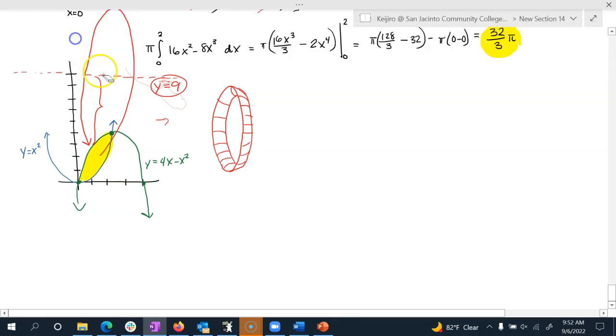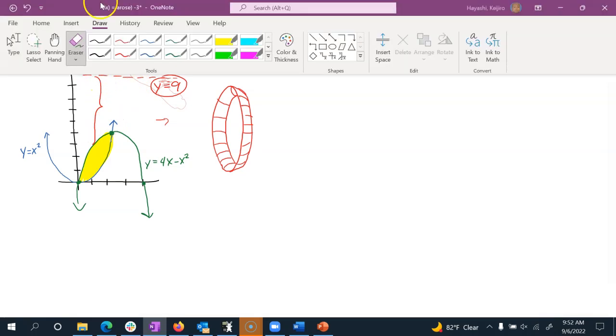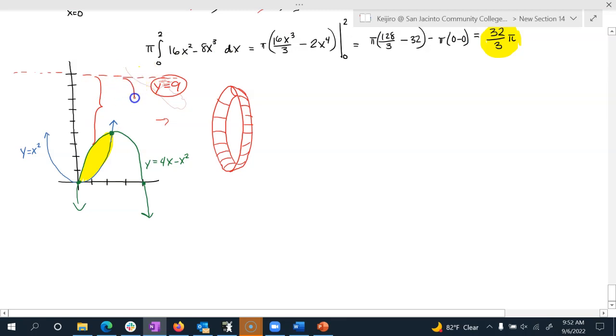Here, let me just erase this real quick. Okay, so what that means is that little r is no longer just this 4x minus x squared.